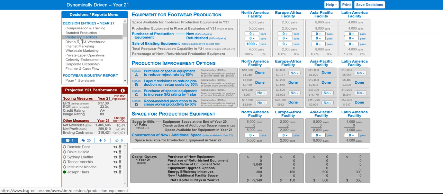where we could finally expand. And if you look at where we are in our very last year, I expanded Europe to 2,000 and expanded Latin America to 4,000. And that was the only other expansion that we did.